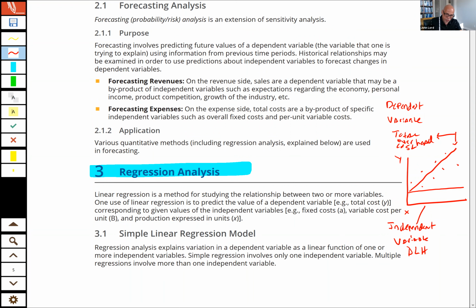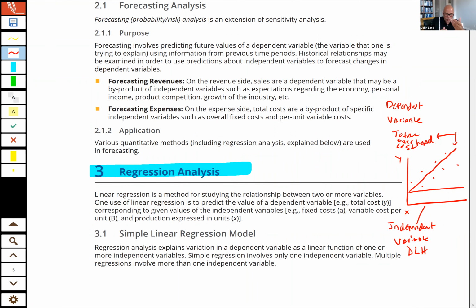And what regression analysis is going to allow me to do is statistically determine how close those dots are to that line. And the closer they are to that line, the closer I'm going to be able to use this relationship as a predictor of my overhead cost.